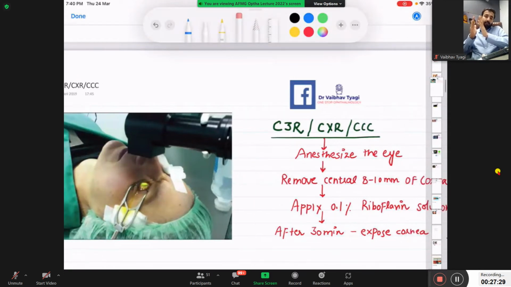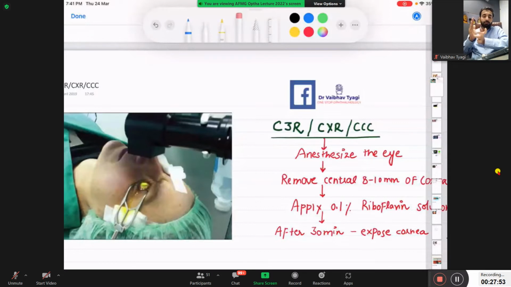Now, by any technique, if I induce covalent bonds in between these collagen fibers, it will provide strength to those collagen fibers. How will I induce covalent bonds between those parallelly arranged collagen fibers in the stroma?